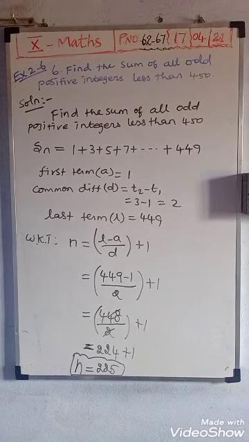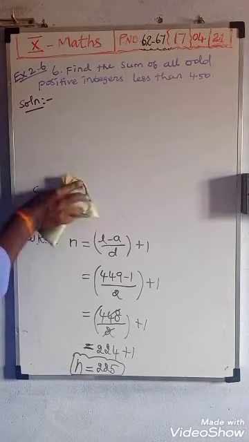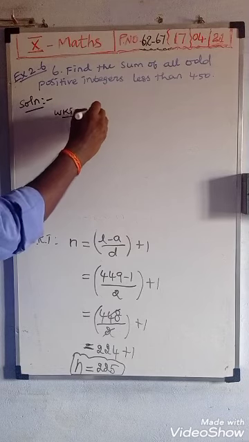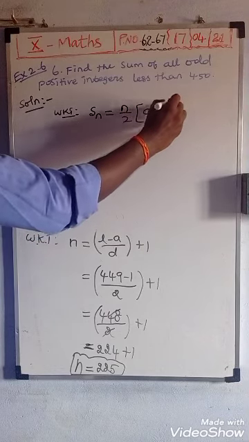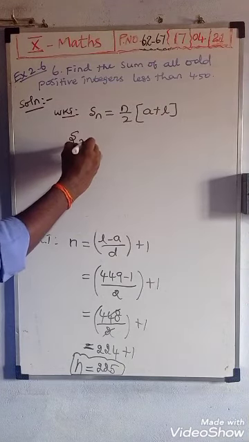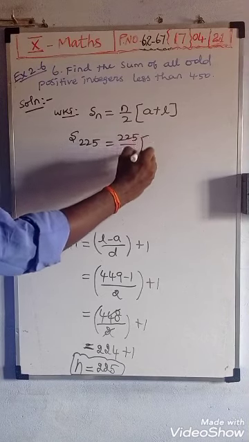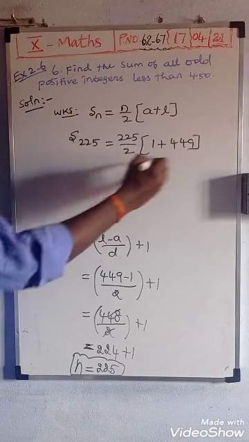Okay, so what is the answer we want to find? So use Sn is equal to n by 2 into (a plus L). Now instead of n put 225. So 225 by 2, a is 1 plus L is 449.